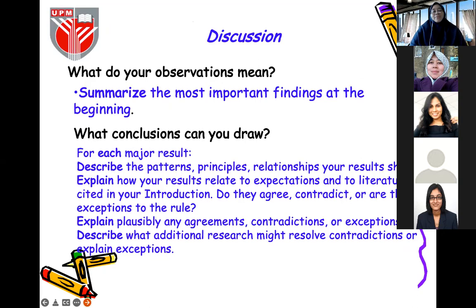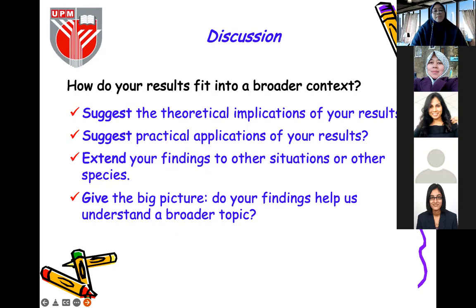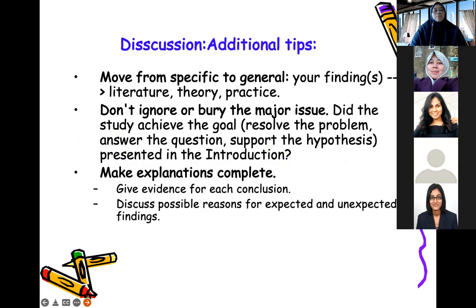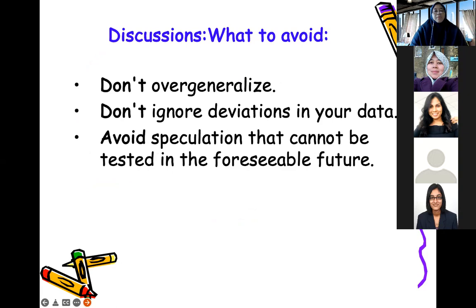So discussion, of course, comes with results. Suggest theoretical implications, finding in other situations or other species, give the big picture. These are good tips. Go from specific to general. Don't overgeneralize. Don't ignore deviations.